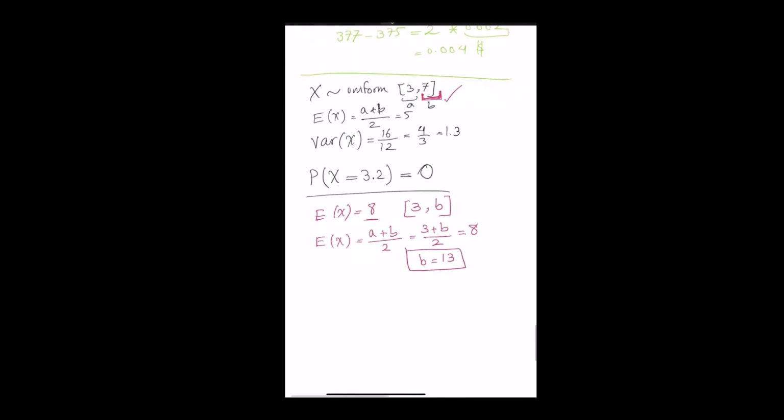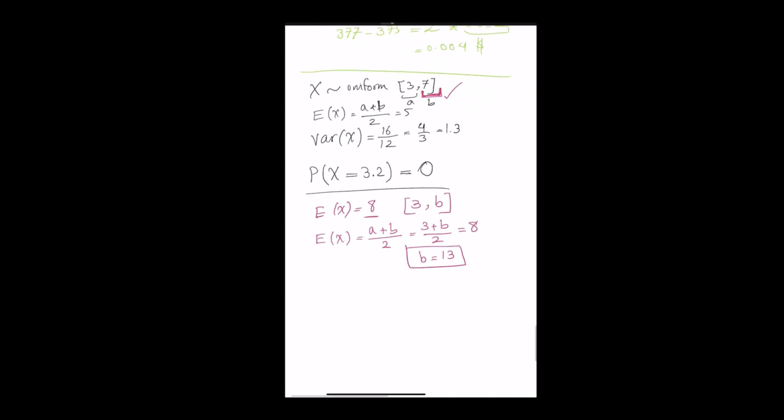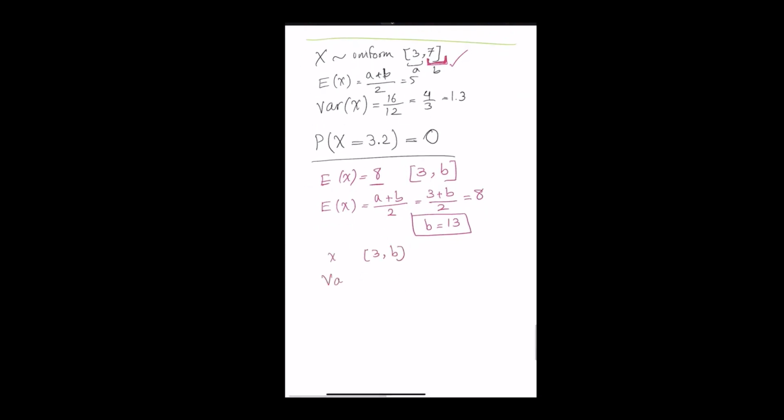And part 5 says what should be the upper limit so that the variance of the energy decreases to 0.75. So again, for this X, we know the lower level is 3. We want to find the upper level such that the variance of X this time is 0.75.